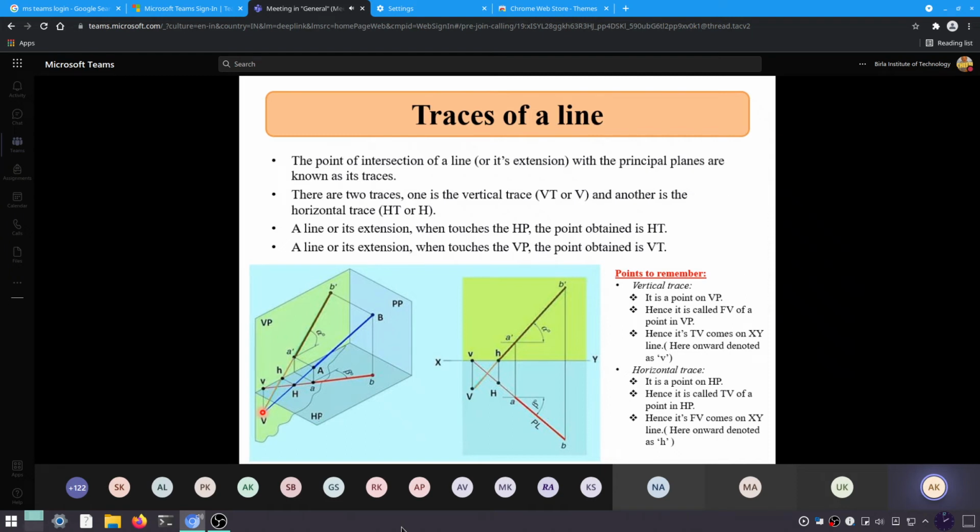So you will get capital V, small h and front view A dash B dash in the same line, and you will get A, B, capital H and small v in the same line.